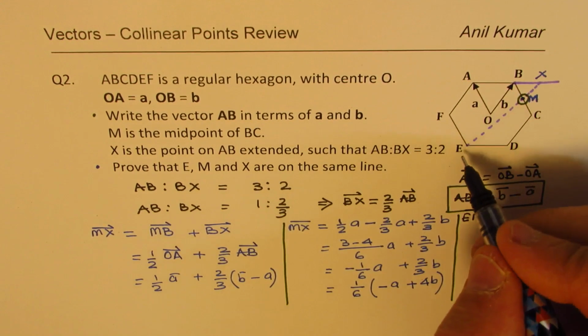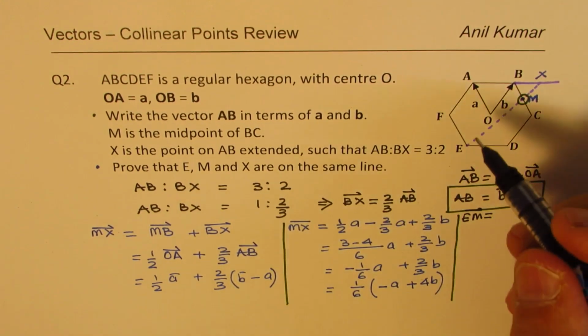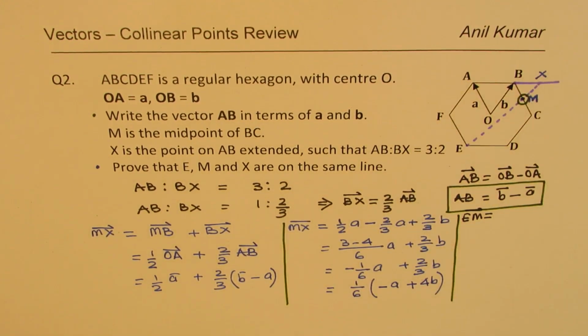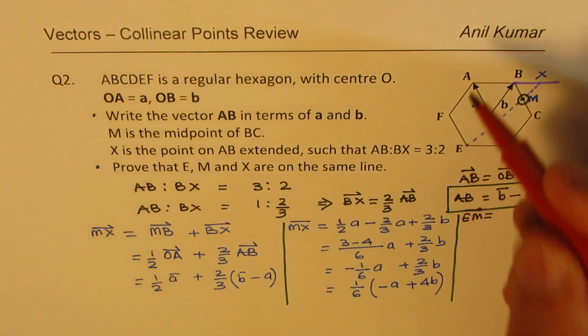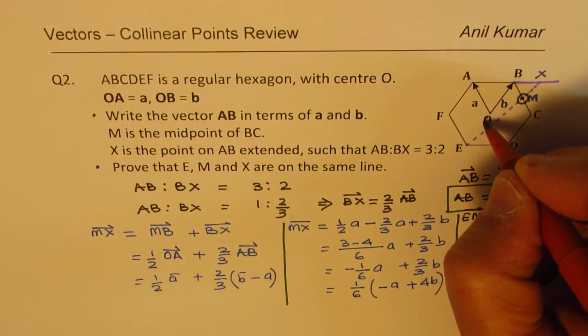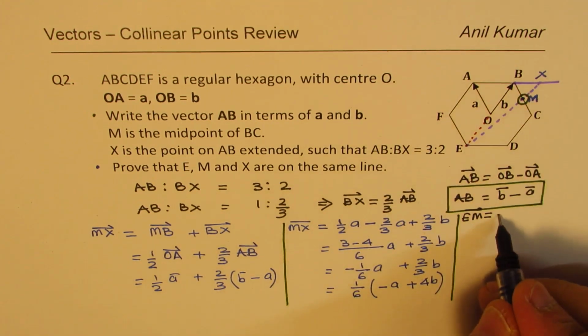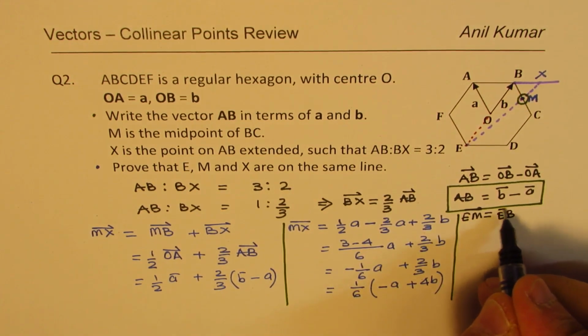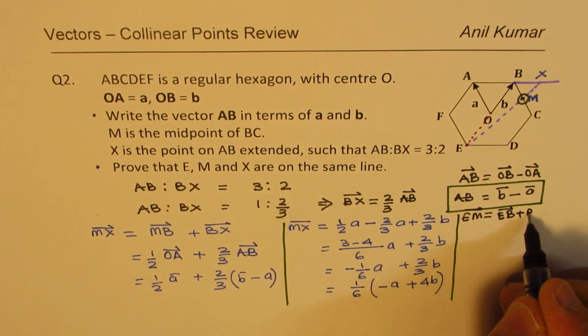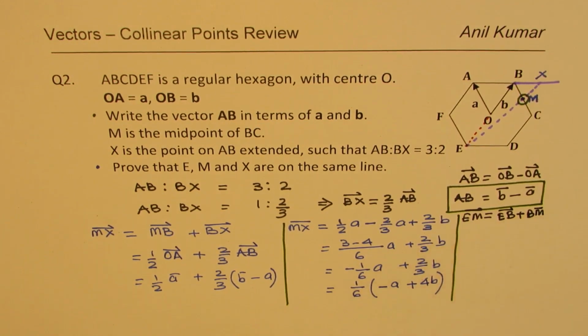E to M will be, you can go from E to B, right? This line extends to go to B, right? Which is 2B. So it is from E to B, and then you go from B to M, right?